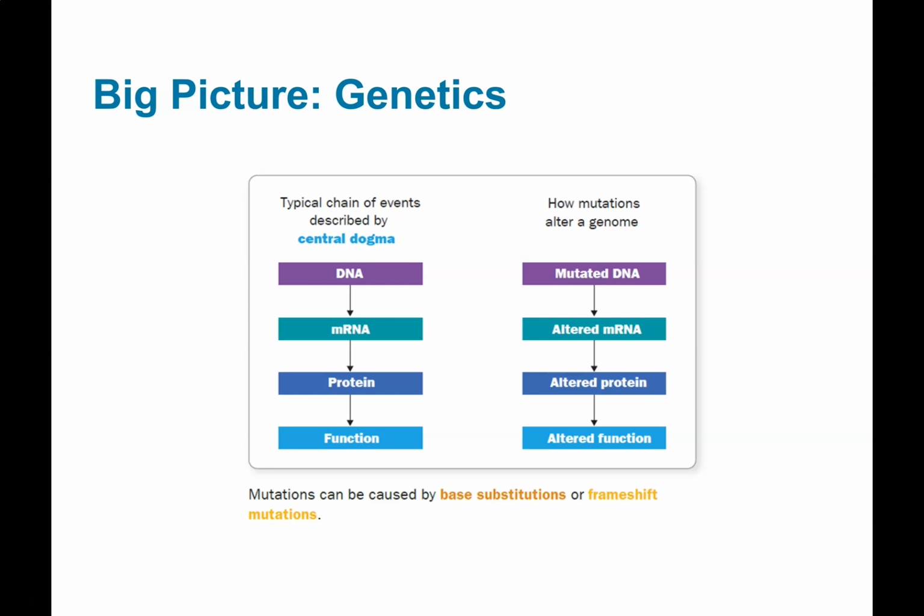DNA is the genetic information of living organisms, and that DNA has to be transcribed into RNA, and the RNA gets translated into protein, and the protein is what actually gives the organism its characteristics, its functions, etc. In this chapter, we'll also talk about mutation, and how mutations are defined as a change in the DNA. If the DNA is changed, that means the RNA that's made from it will be changed. That means the protein that's made from it will be changed. And that means that there could be altered function of that organism.